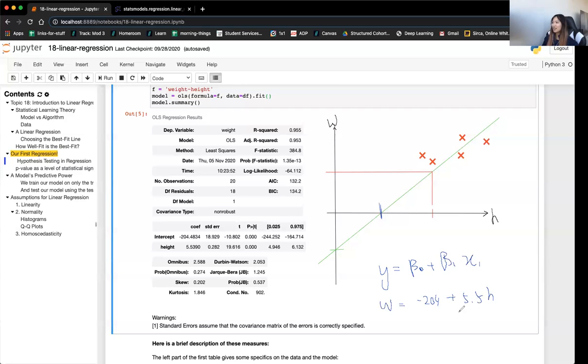So given any height, this is what our model would predict as weight. That's just how the model works, that we end up with this negative intercept. But usually for linear regression models, the intercept term is not something that we interpret with context very often.